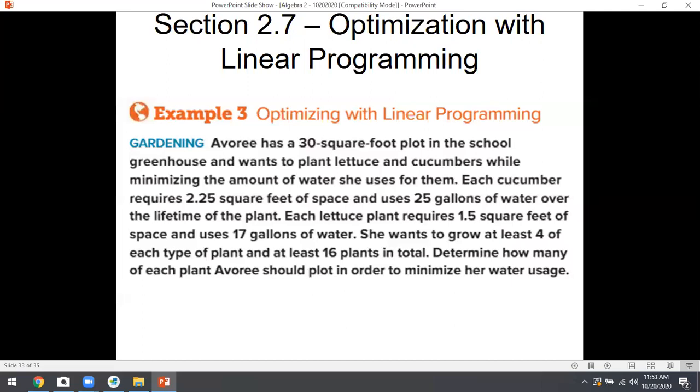To get C by itself, the first thing you do is subtract this over, correct? So 2.25C is less than or equal to negative 1.5L plus 30. And now to get the C by itself, we're going to have to divide by 2.25, which means everybody gets divided by 2.25. We're trying to get C by itself so we can graph it. We usually got y equals something, right? Well, since C is up here, I'm going to need C is something.